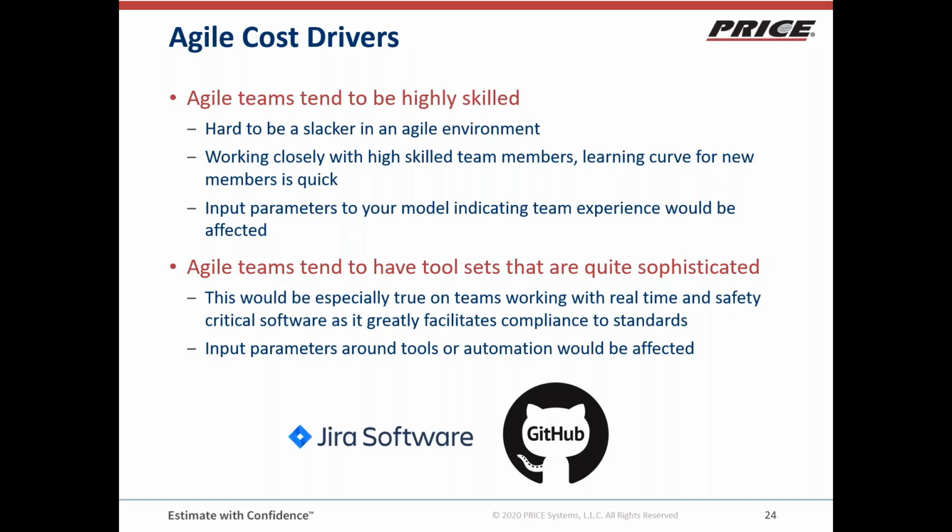It's hard to be a slacker in an Agile environment because people work too closely together. Working closely with highly skilled team members, the learning curve for new members is quick. Whether the new members are novices at software development or just new to the program and project, they are in an ideal position to, if they have a question, spit it out, and the team will respond.